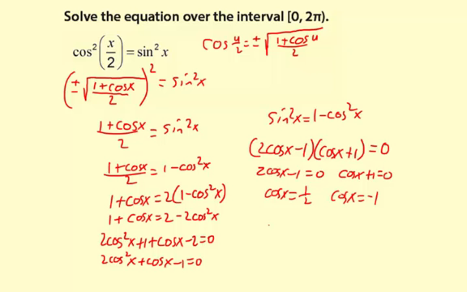So for cosine of x equal to 1/2, x equals pi over 3, or 5 pi over 3. And for cosine of x to equal -1, x has to equal pi. Alright, so my solutions are x equals pi over 3, pi, and 5 pi over 3.